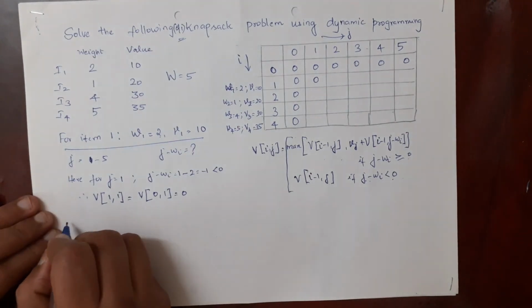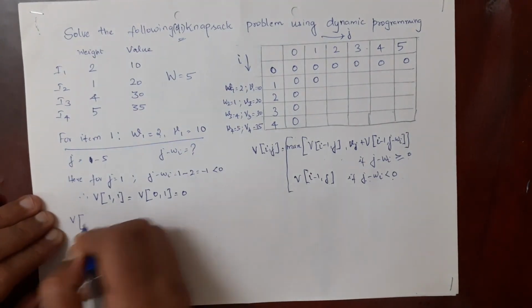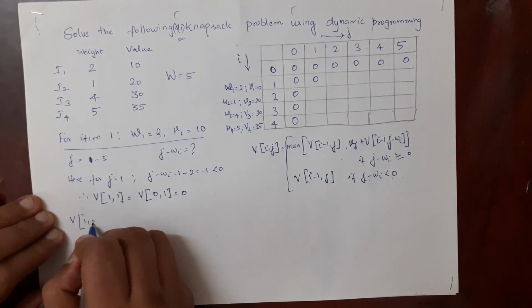Now we have to compute the next entry, V of 1 comma 2.